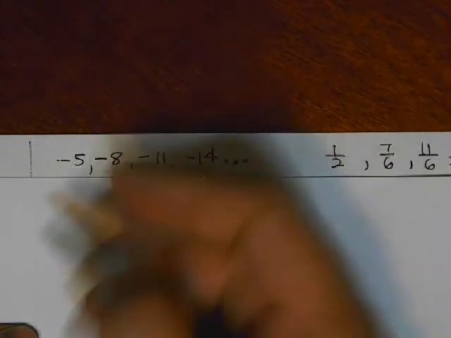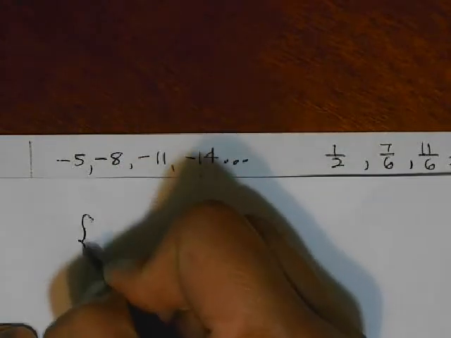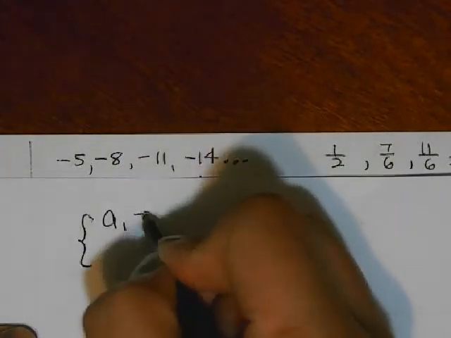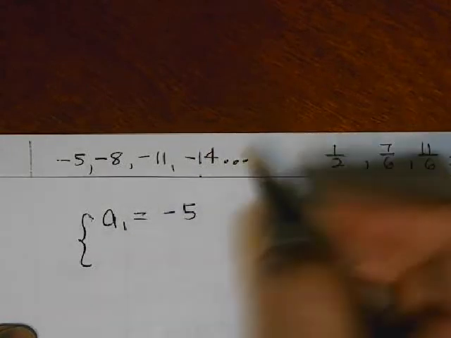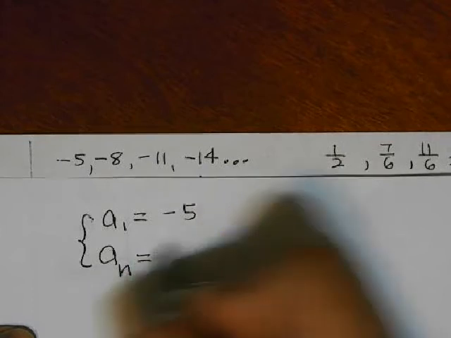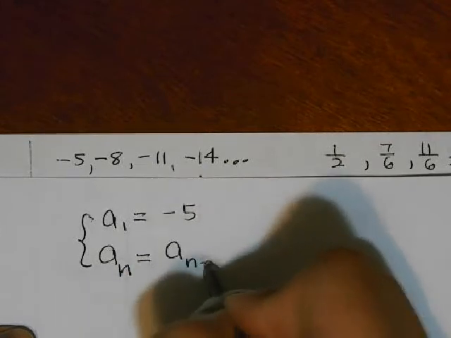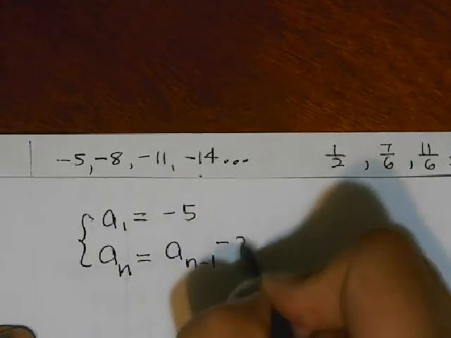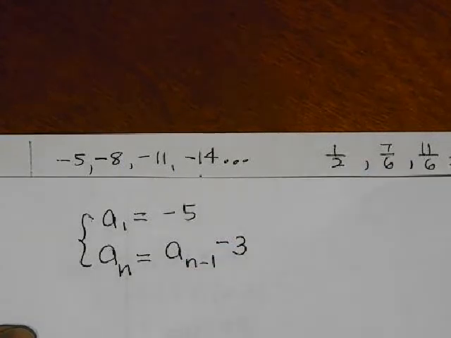So the recursive rule is a sub 1 is equal to negative 5. Very easy. A sub n is equal to a sub n minus 1 minus 3. That's it. That's how you write it.